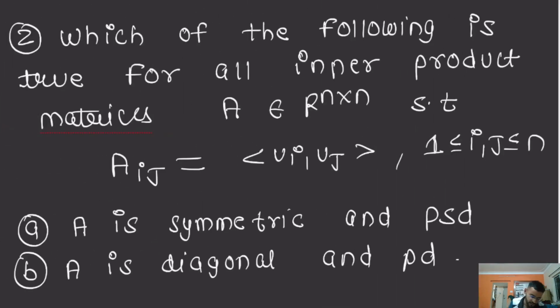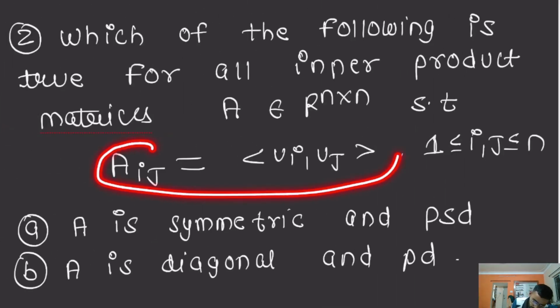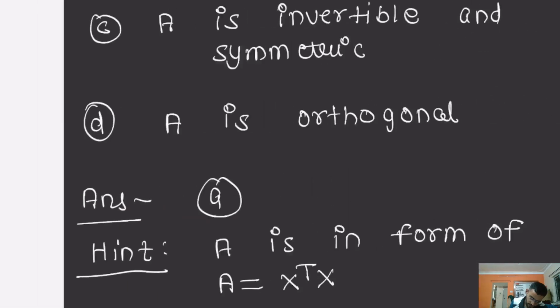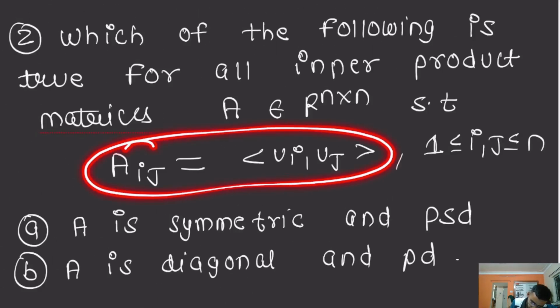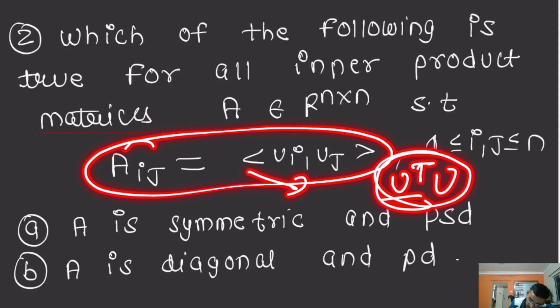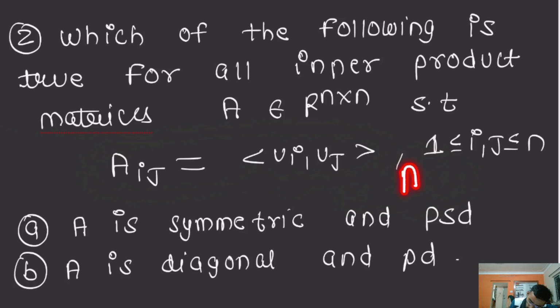The same thing: first form this matrix, and it will be in the form of some U transpose U. As we have seen, if a matrix is in the form of U transpose U, it is always symmetric and positive semi-definite. So A is symmetric and positive semi-definite, this is correct.